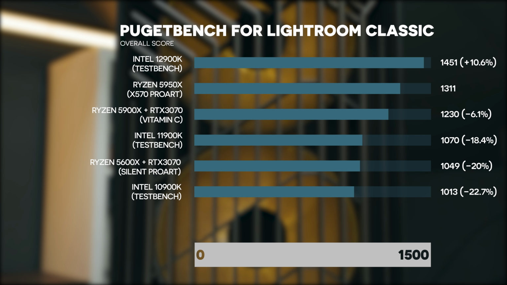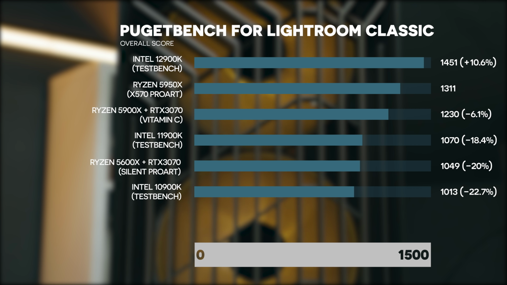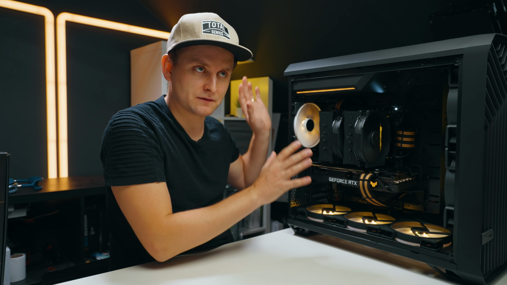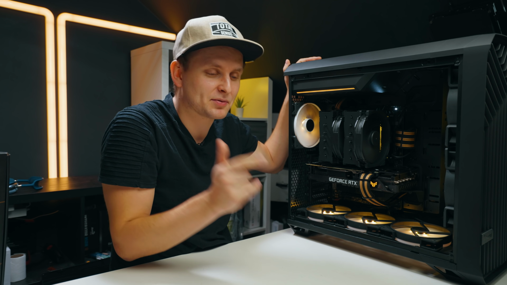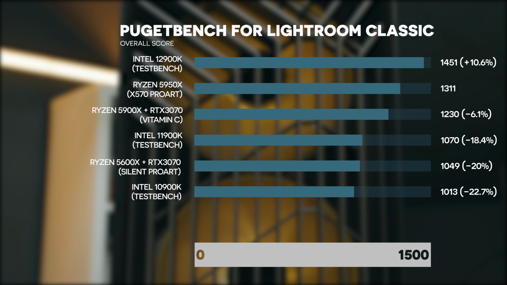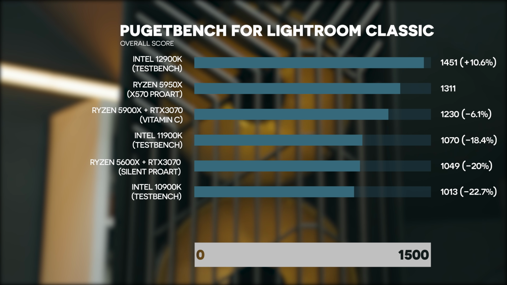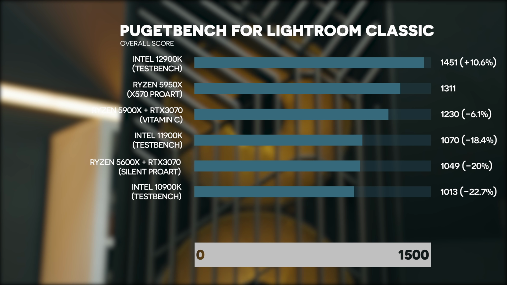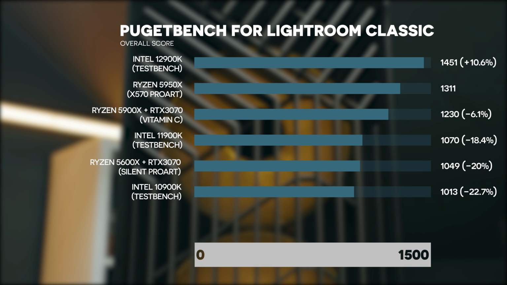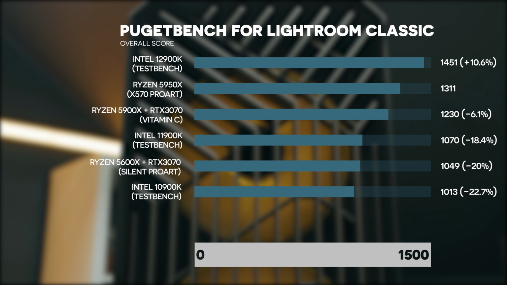The silent ProArt with the 5600X build, which is basically a budget version of this build over here, like a little brother of this, is 20% slower in Lightroom Classic. And the 10900K is 22.7% slower. Let's move on to video editing.